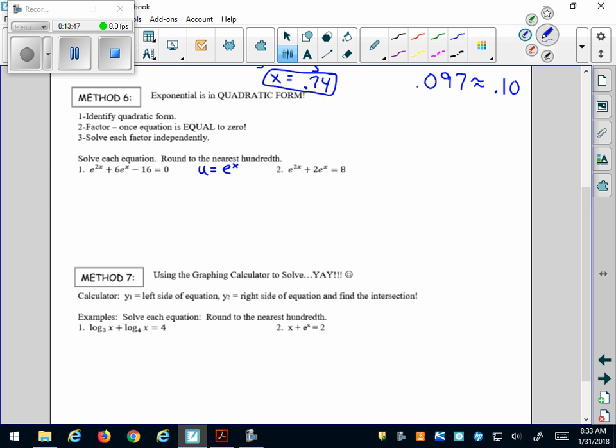If our u is e to the x, then this first term is just u squared. You see that? E to the x squared is just e to the 2x. Make sense? So our first term becomes u squared. What's our next term? 6u, and then minus 16 equals 0. Well, now we can factor this.